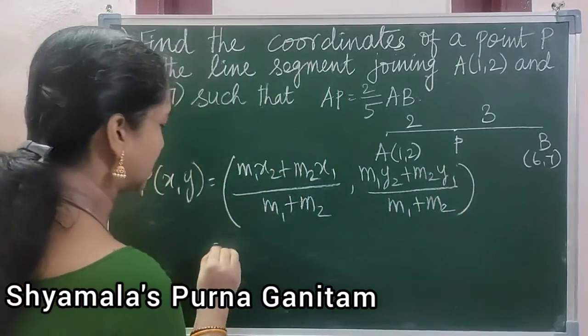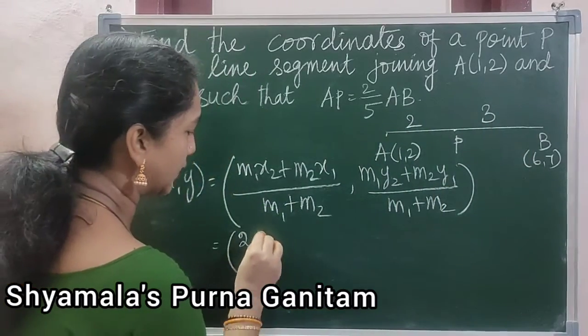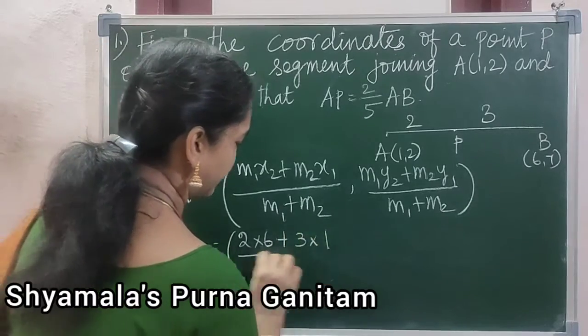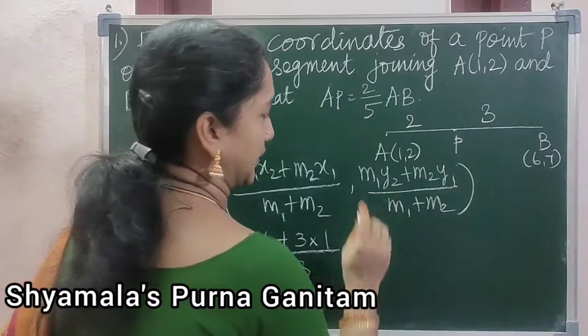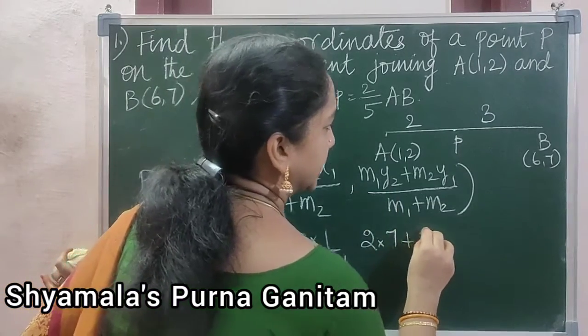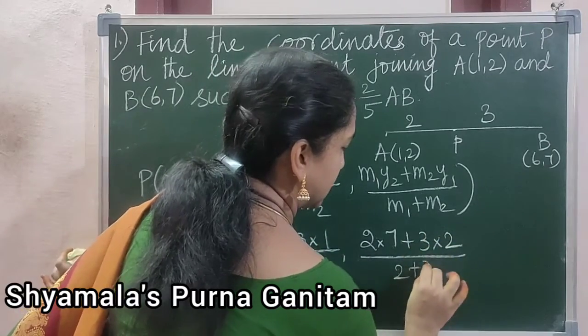In this we will substitute. This is m1, this is m2. So 2 into 6 plus 3 into 1 by 2 plus 3. Then 2 into 7 plus 3 into 2 by 2 plus 3.